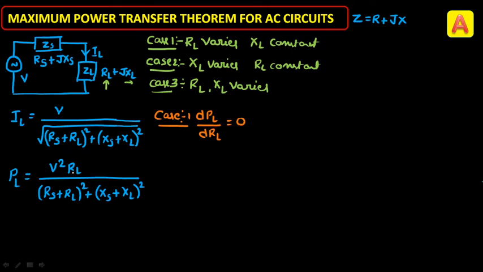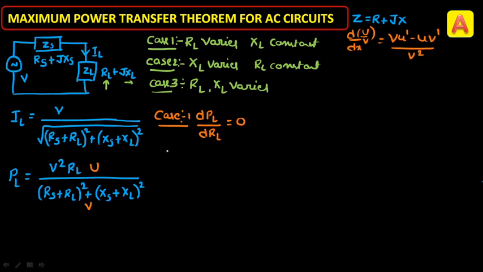We have to apply the U by V formula: d by dx of U by V is equal to V into U dash minus U into V dash by V square, and we equate it to 0.